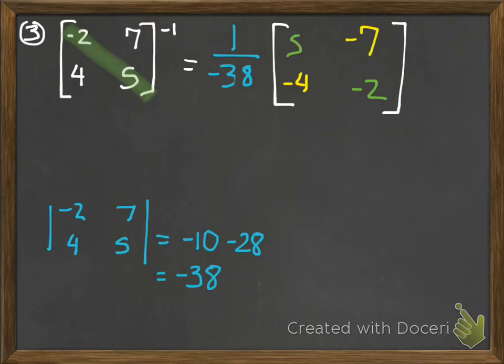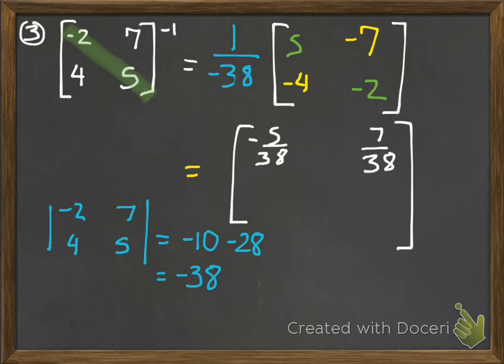In this case, they could be positives or negatives. Based upon the sign, you switch it. And so now we're going to multiply everything by negative 1/38. And so that's going to give me a 5 divided by 38, and it's going to be negative. So a negative 7 divided by a negative 38 can give me a positive 7/38.